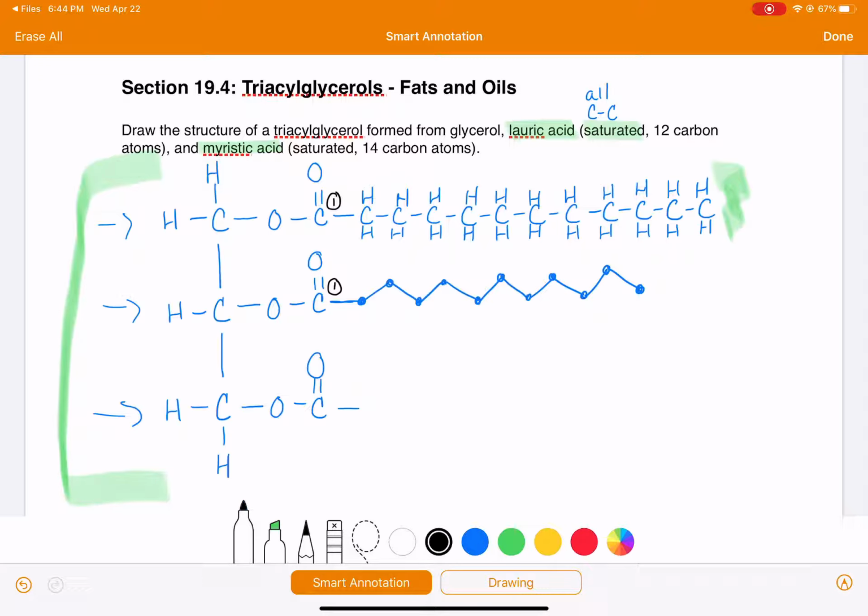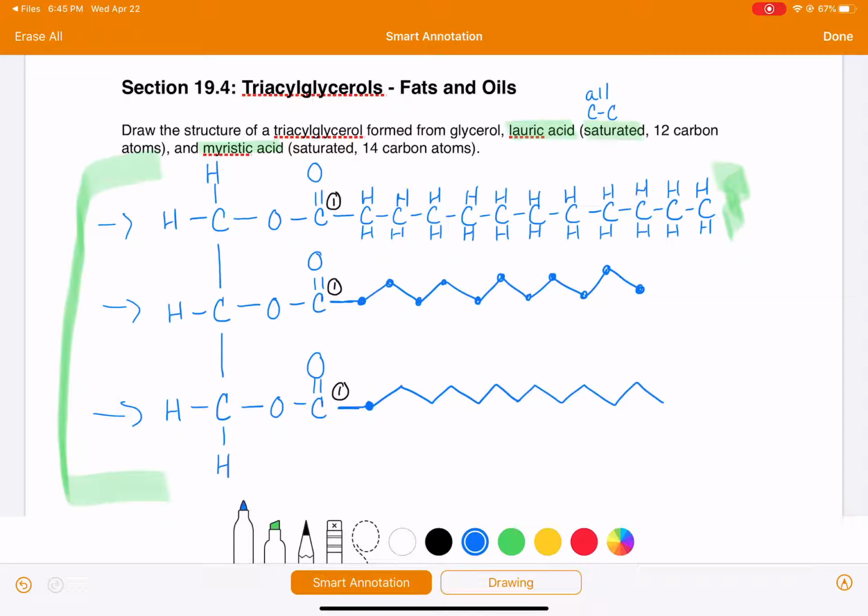And then in my last one, now I have to put a myristic acid in place there. I don't know why I wrote a number 2. So here, this one is going to be a myristic acid with 14 carbon atoms. I've got carbon number 1 right there. Here's carbon number 2, 3, 4, 5, 6, 7, 8, 9, 10, 11, 12, 13, 14. There it is. See, that's not so bad.